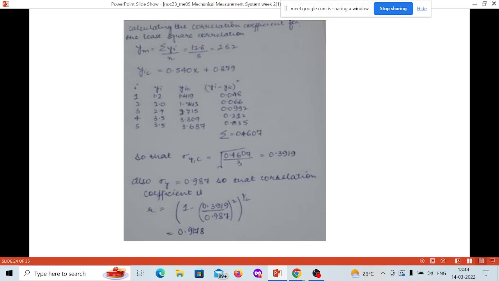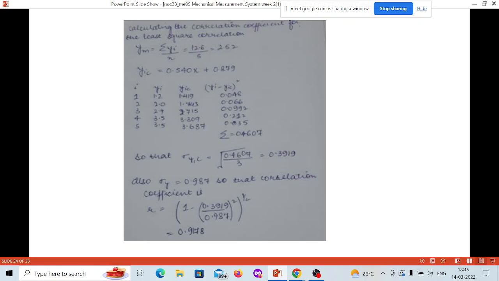So to find the correlation, r is 1 minus sigma yx square by sigma y square, the whole raised to power half, or the square root of that. So we can say r square is 1 minus sigma yx square by sigma y square.